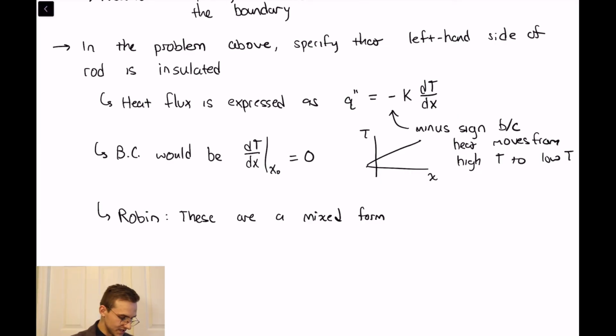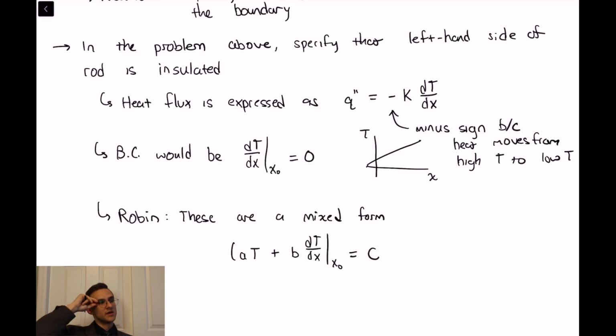Robin is a particular form where you have a linear combination, aT plus b dT/dx, where a and b are constants, evaluated at some x naught, equal to some constant. So it truly is a mixed type of boundary condition at a specific boundary.